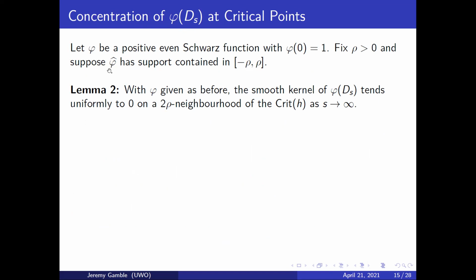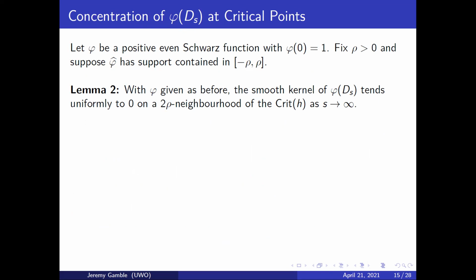It's pretty easy to construct functions like this in general, since the Fourier transform is an isomorphism on Schwartz functions, right? And any bounded function that's nice and smooth will do the job. So it's easy to construct this.